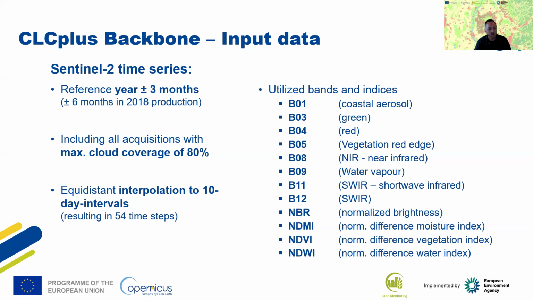The utilized bands and indices are also displayed here. So there are 8 Sentinel-2 bands directly going into it, and 4 indices, also including the difference vegetation index and normalized difference water index, and Sentinel bands mostly in the infrared area and red and green.